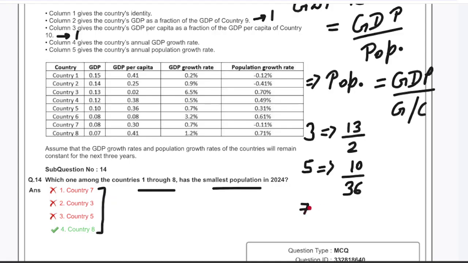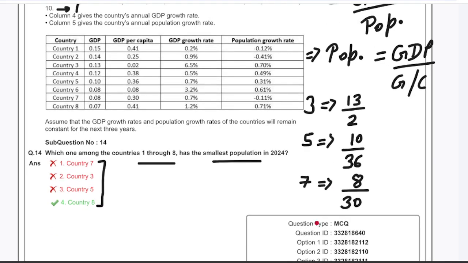For country 7, the population is 0.08, that is 8, divided by GDP per capita, that is 30. And for country 8, it is 0.07, that is 7, divided by 0.41, that is 41.